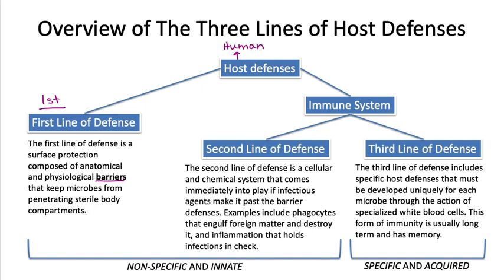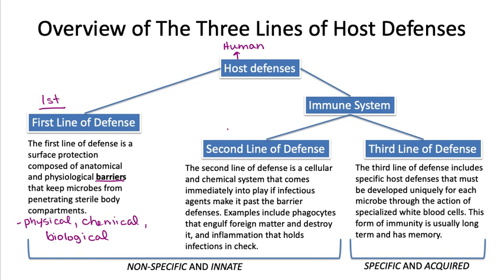So these barriers can be physical, like of the skin. They can be chemical, like the acidity in our stomach, or these barriers can even be biological, such as the microbes that inhabit our gastrointestinal tract.